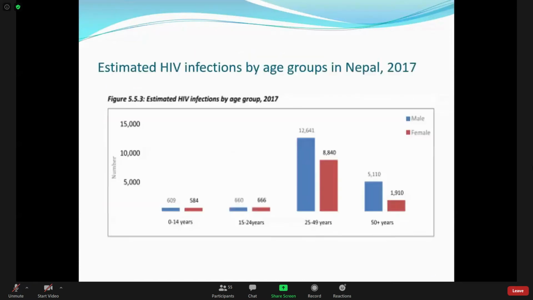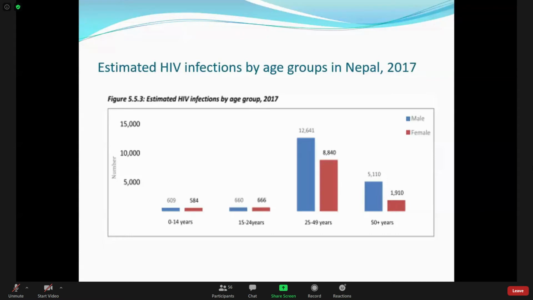So this is the diagram. You can see in the picture. The prevalence of HIV is higher among the 25 to 49 years age group. In other age groups, it is very low. Among 25 to 49 years, 12,641 male and 8,840 female.